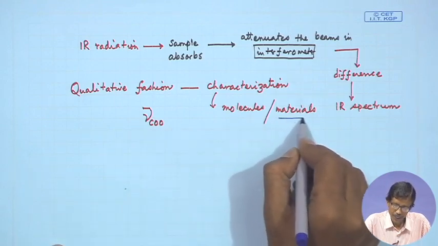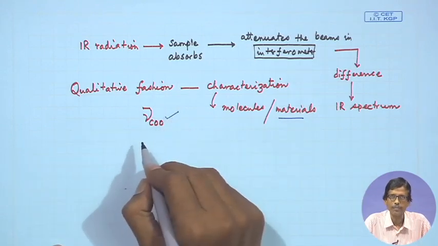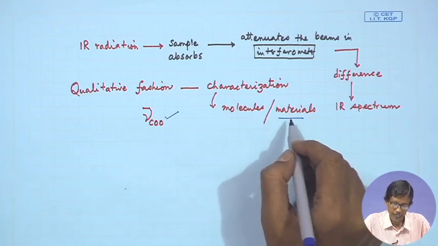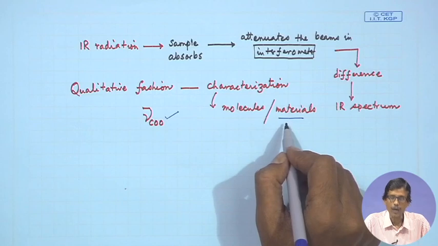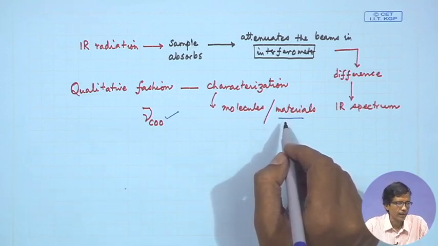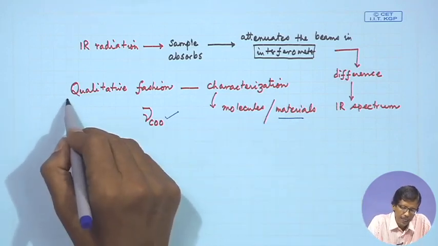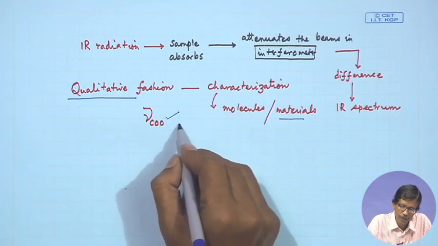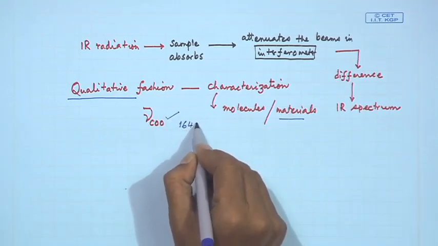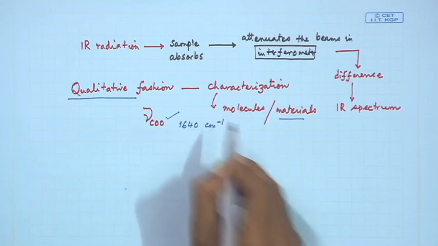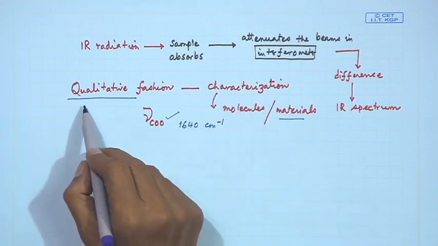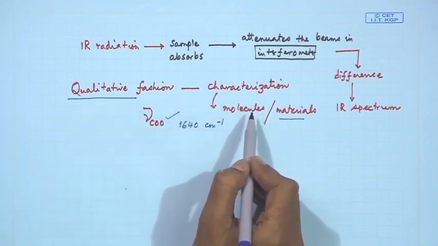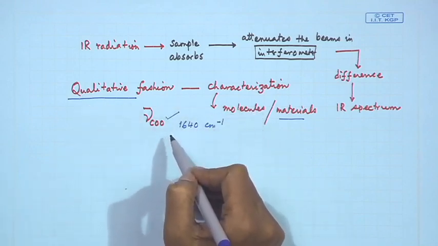Similarly, the material can also be carbonate based. So, this carboxylate or carbonate based material can be very nicely characterized, and whether this band is coming at 1640 centimeter inverse or not gives us a very good idea that qualitatively we can characterize the material by this particular spectroscopy.